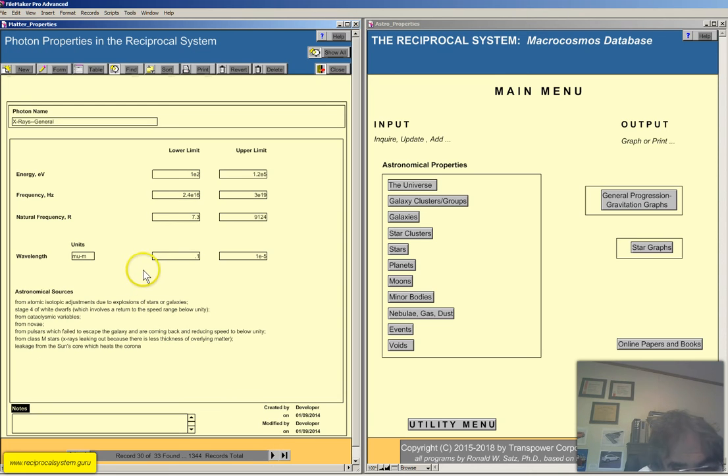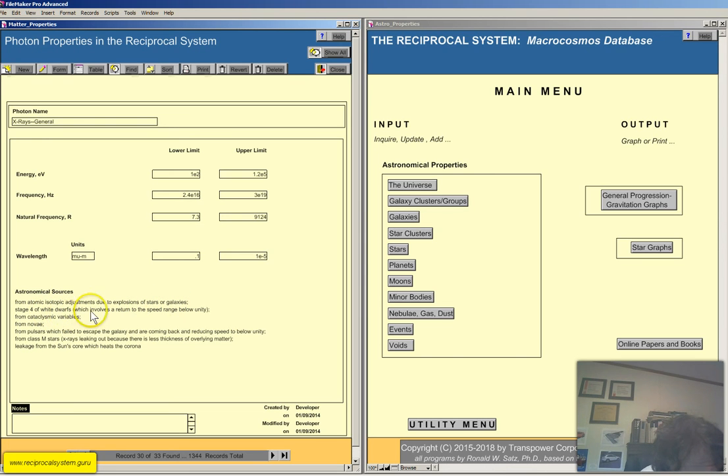come to X-rays. And so you can read these values here. It goes from 0.1 to 1e-5 μm. And here we have, it's from atomic isotopic adjustments due to explosions of stars or galaxies.